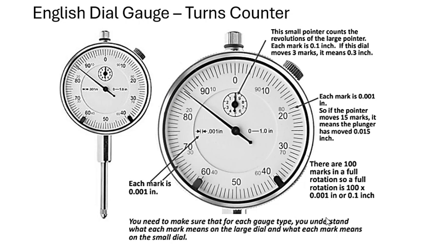You have to pay attention and know each gauge type you're dealing with in your lab. Here in this example it's an inch dial gauge. You must understand each mark on the larger dial and each mark on the smaller dial, know their values, and know how to use them to measure the height of the object.